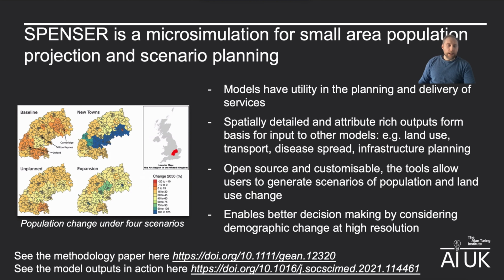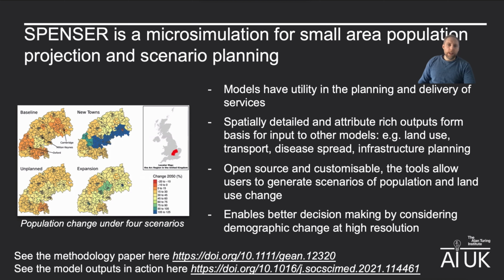The idea being that if you have different scenarios of transport, of housing availability, and of job creation, these will have very different impacts upon the distribution of population moving forwards. So the 4 scenarios there show you what happens under those different scenarios of infrastructure investment. That particular piece of work, as well as the wider methodology, can be found in the link at the bottom around the first paper that we link out from there.